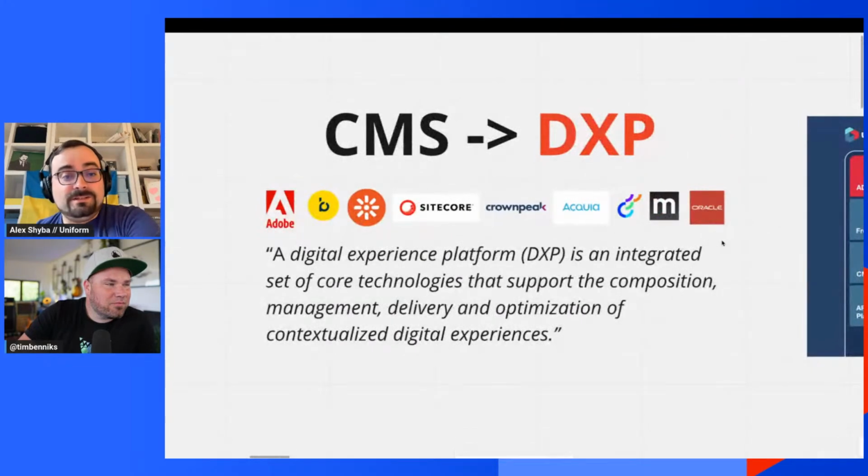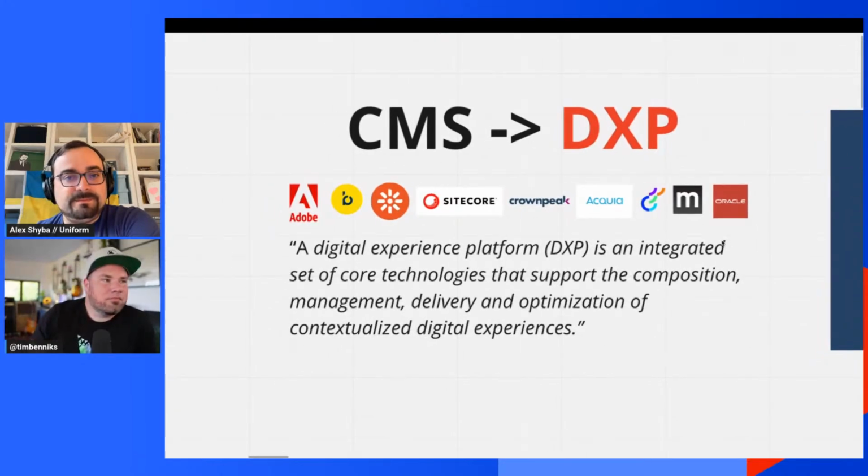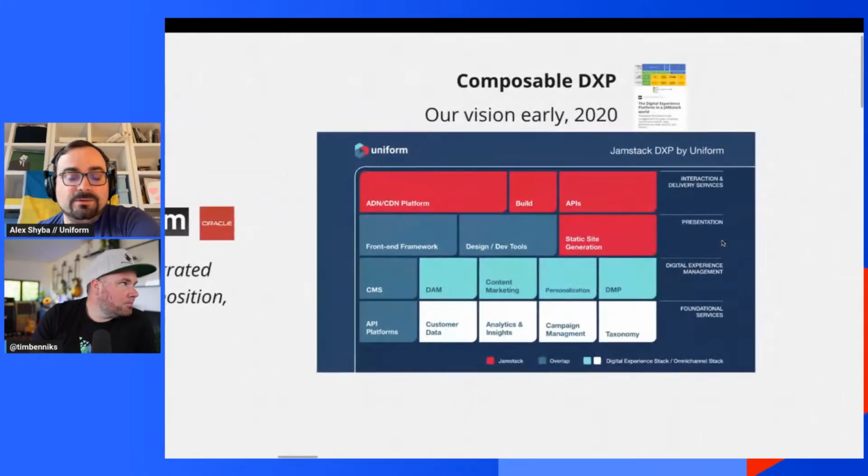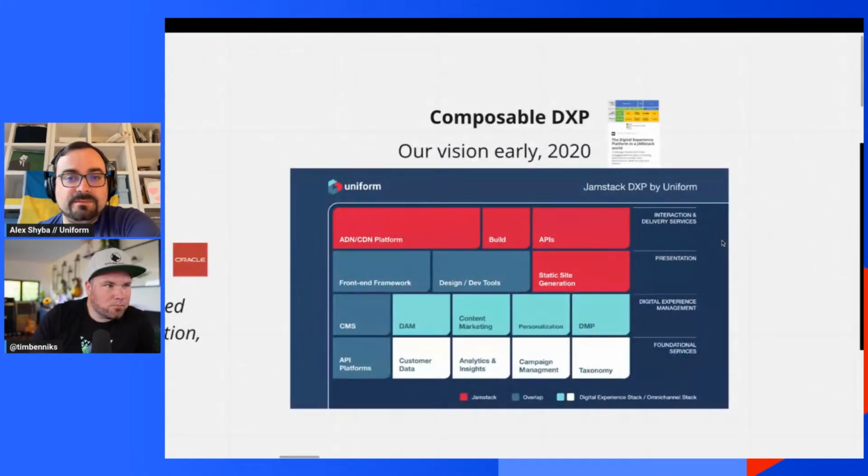So we're going to talk about DXPs and the intersection of CMS and DXPs, because CMSs don't have enough blocks to talk about monolith, but DXPs do. We started thinking about this in 2018, 2019, but we really started talking about it in early 2020, where Jamstack was all the rage.